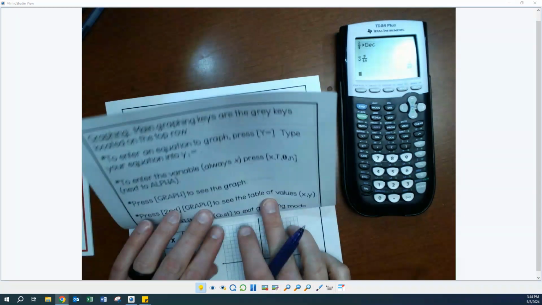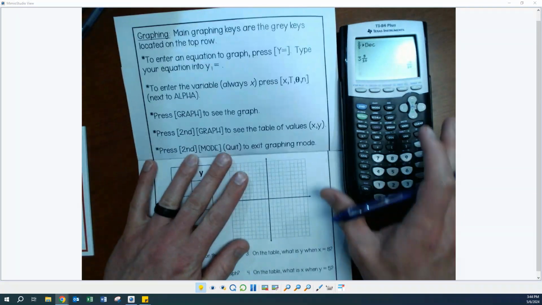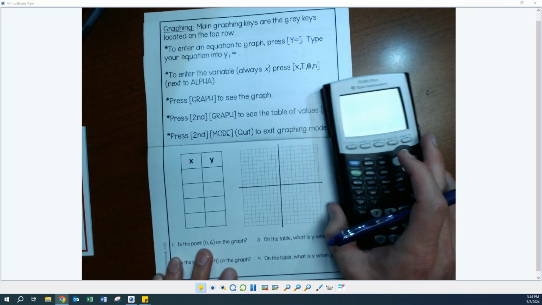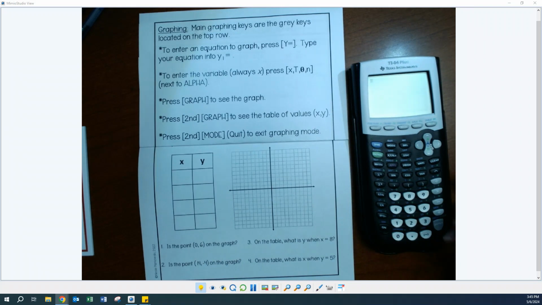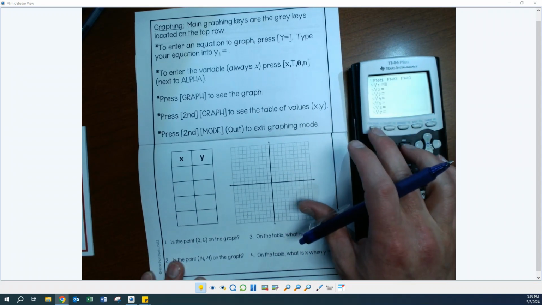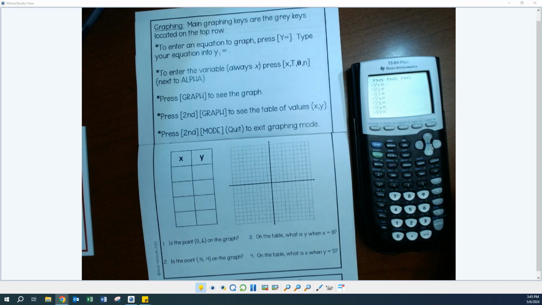The basics with graphing. The first thing you're going to want to do whenever you have to graph something, you hit y equals in the top left corner right up here. To enter in a variable, you're going to use this button right here.